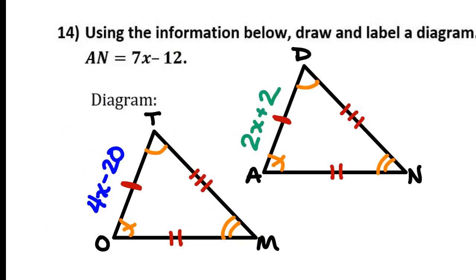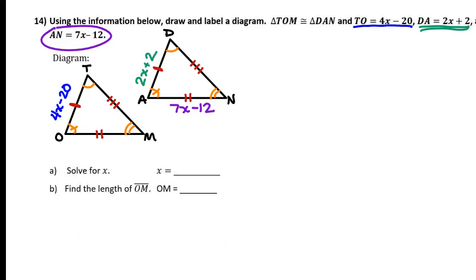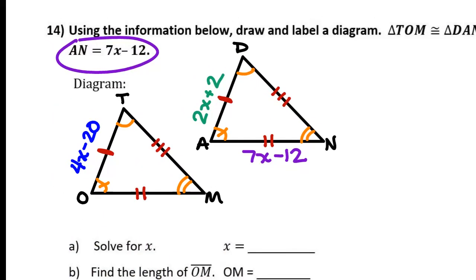And we know that AN is 7x minus 12. We are supposed to solve for x, so I need to find a pair of corresponding sides that I can set equal. And I need both of them to have x. What's a pair of corresponding sides whose two expressions both have x that I could set equal to each other?